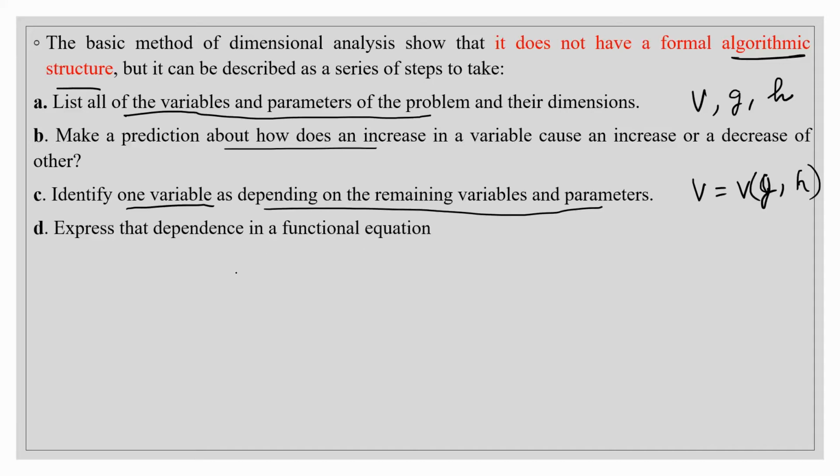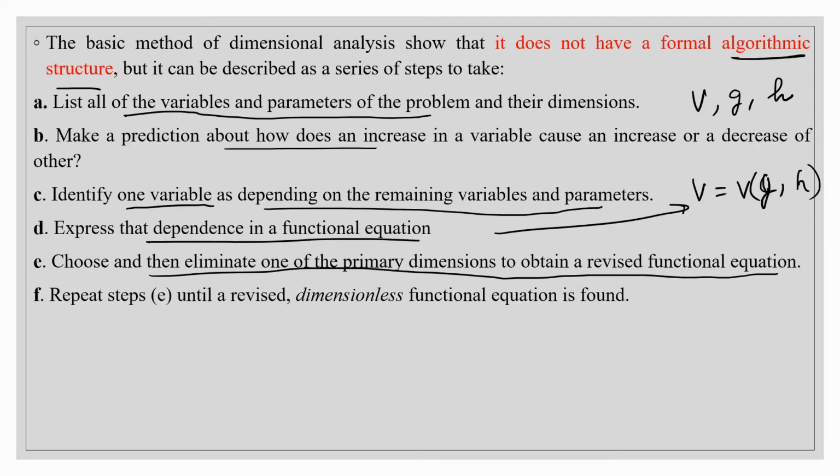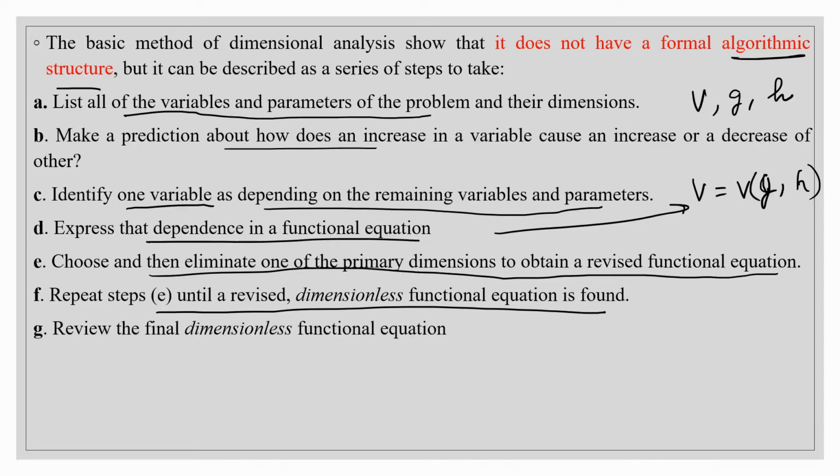Then we express the dependence in a functional equation, which we have done. Then we choose and eliminate one of the primary dimensions to obtain a revised functional equation. In this case we removed the primary dimension t, and then we repeat this step until a dimensionless functional equation is found. Finally, we review the final dimensionless functional equation.